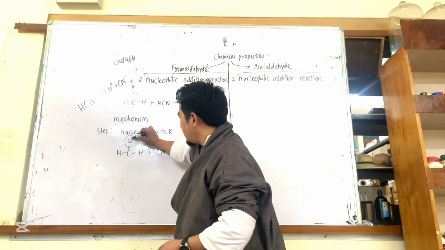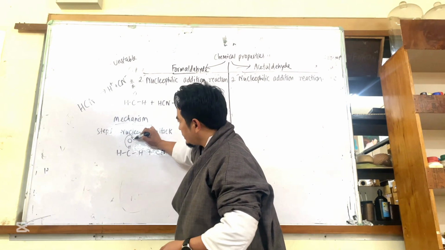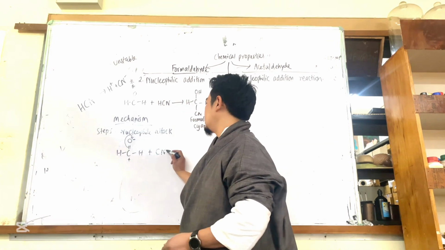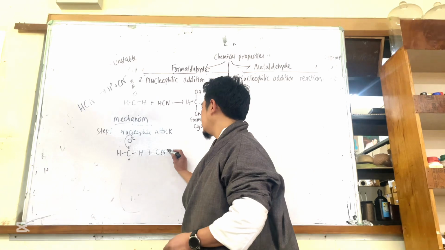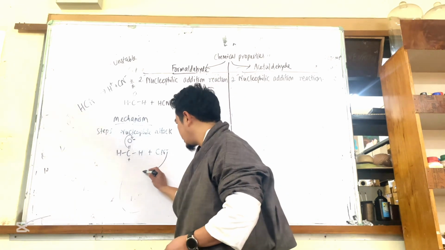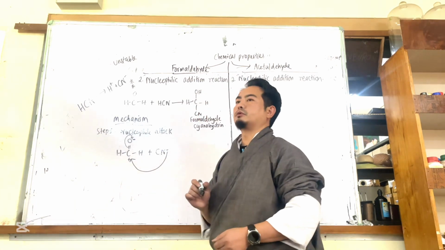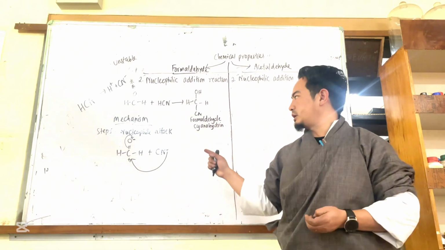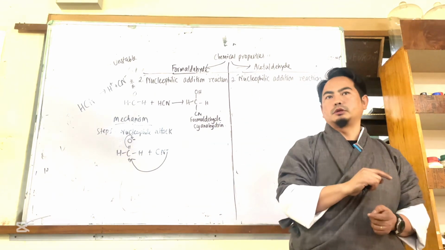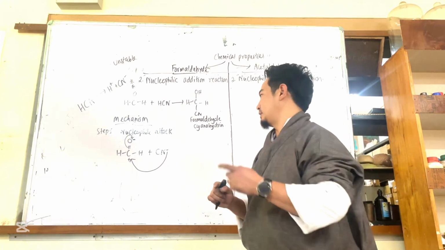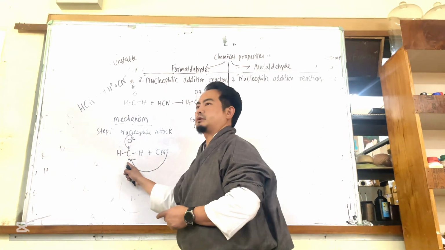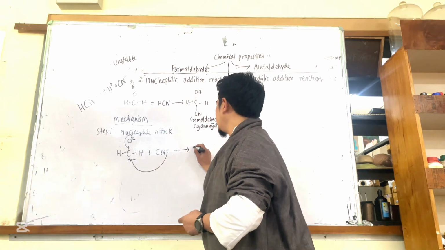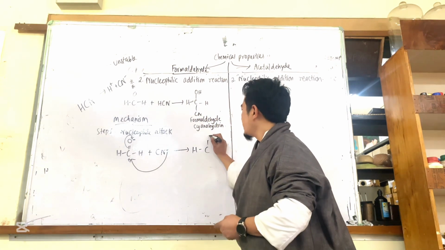Oxygen, being highly electronegative, will take the shared pair of electrons and develop a negative charge here. This will develop a positive charge here. So negative charge of the nucleophile, the electron-rich species, will go to the positive side here. Carbon having the positive charge is more susceptible to nucleophilic attack. We have learned that one. So this is nucleophile attacking the carbon having the positive charge. Now you will get an intermediate product, HCO negative.